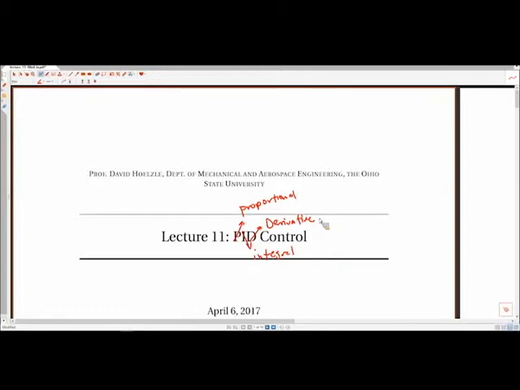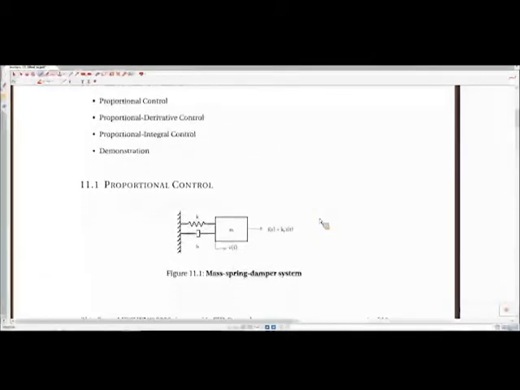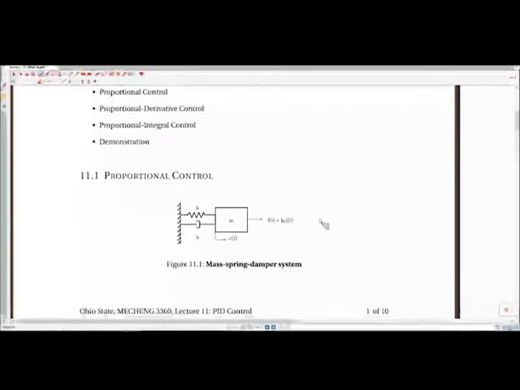So we've been talking about proportional control thus far. Just to remind everyone of the context, we talked about a simple mass spring damper. The system up front is a mass spring damper system as well. You have a mass, and we have some ability to force the mass.